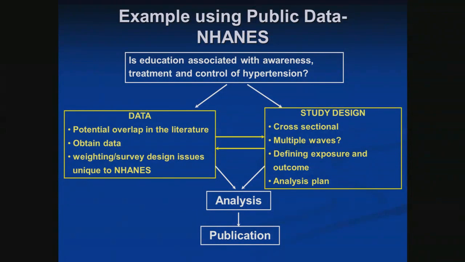The other issue with study design that comes up, and I tell you this out of trial and error, is defining your exposure and outcome. Different waves in NHANES define education levels differently. We collected all these data, did our exclusions, and were supposed to have about 35,000 people in the final data set.